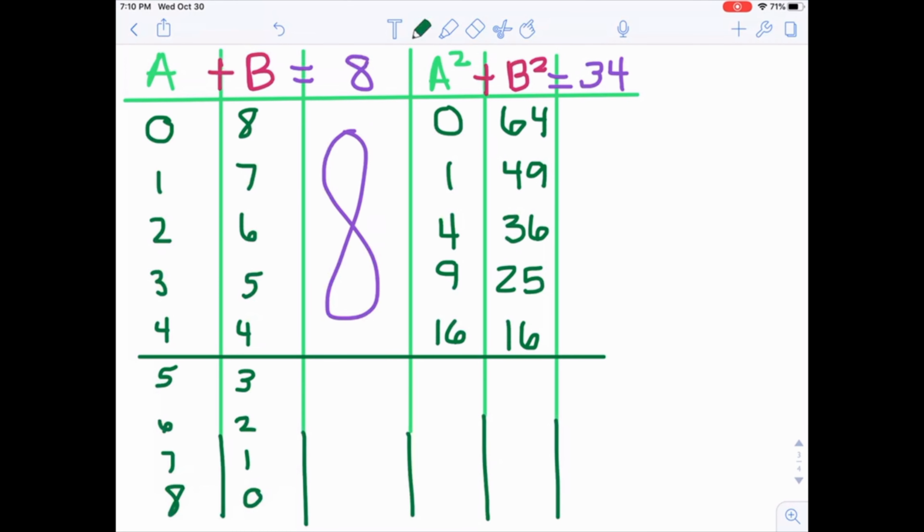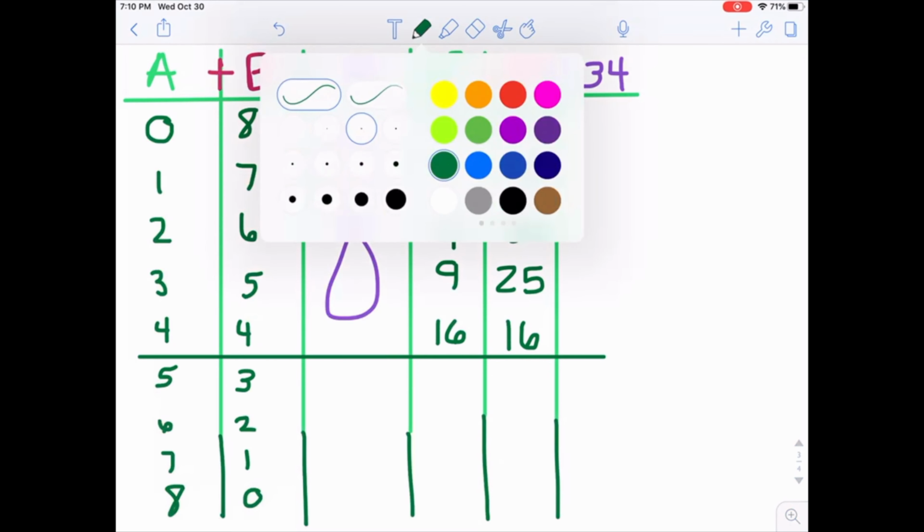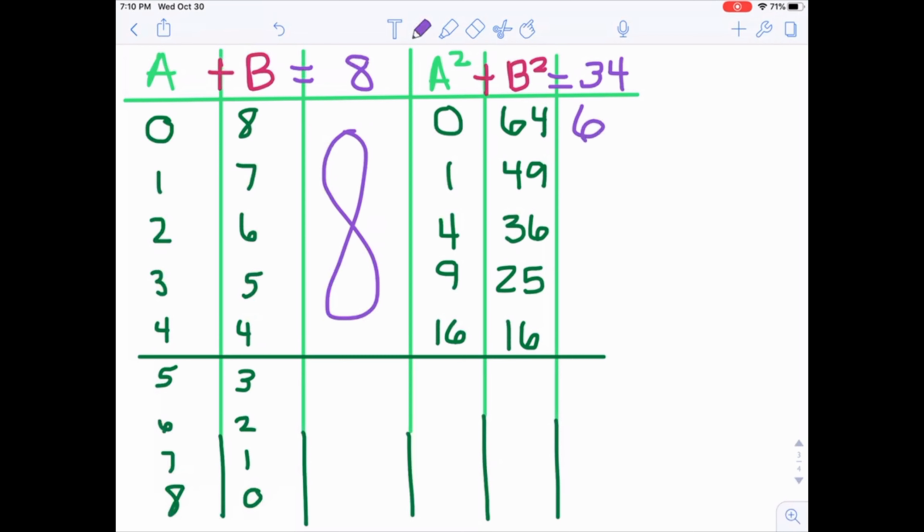So now we're going to add them up. What is 0 plus 64? 64. 1 plus 49? 50. 4 plus 36? 40. 9 plus 25? 34. 16 plus 16? 32.